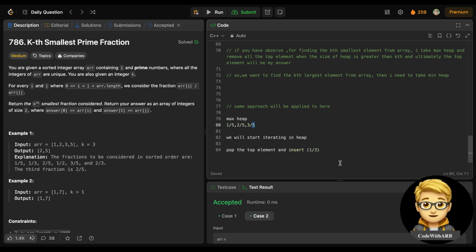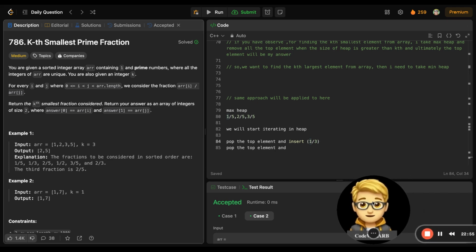The index value. So for this 1 by 3, again we will pop the top element. In the max heap, the top element will be 3 by 5 here, right?